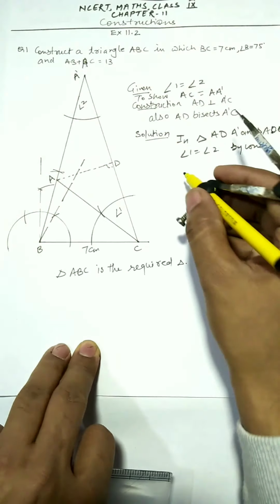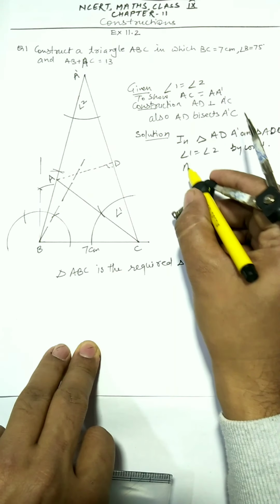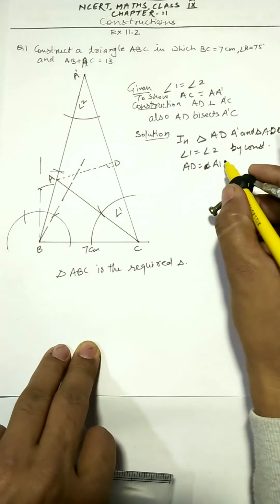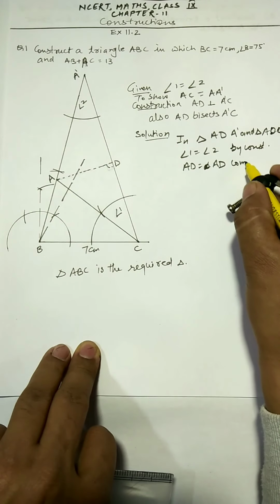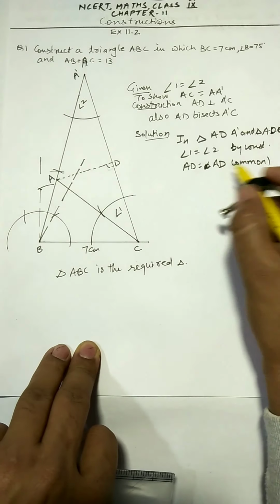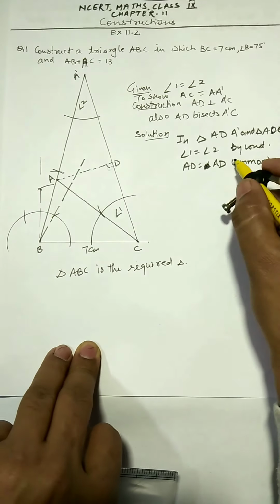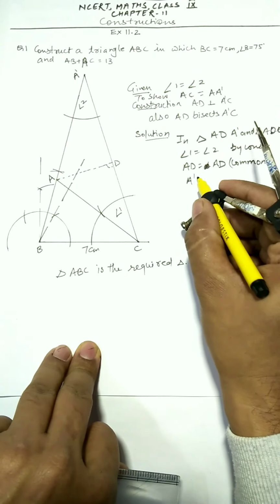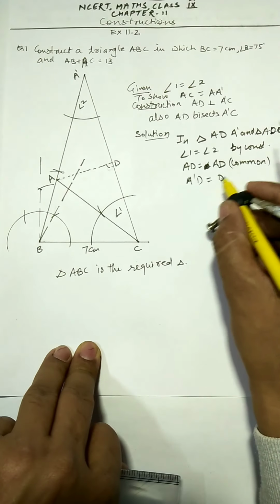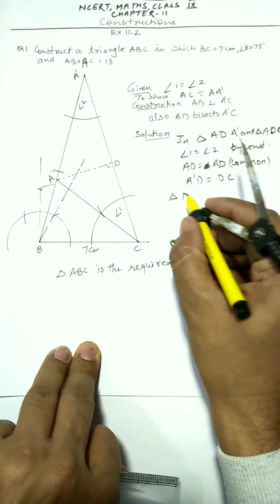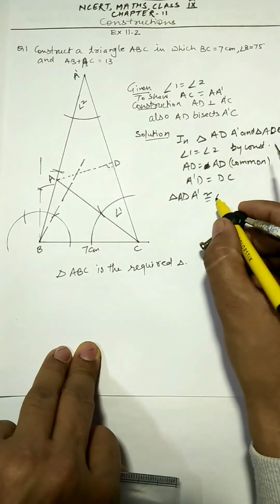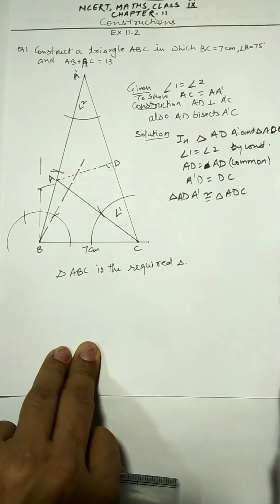AD equals AD, this is common. One more thing is left, that you can use: A dash D is equal to DC. So you can see that triangle A dash AD is congruent to triangle ADC.